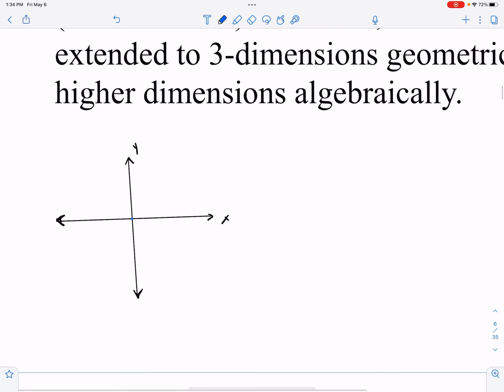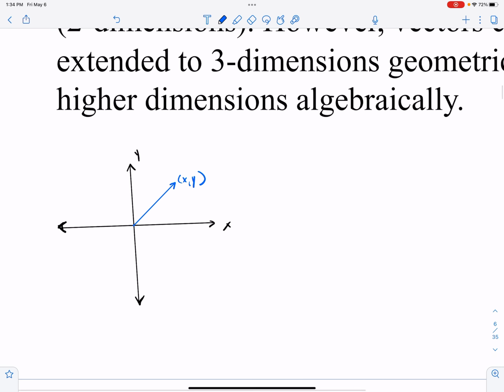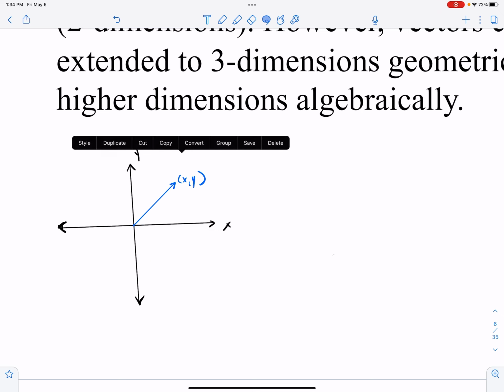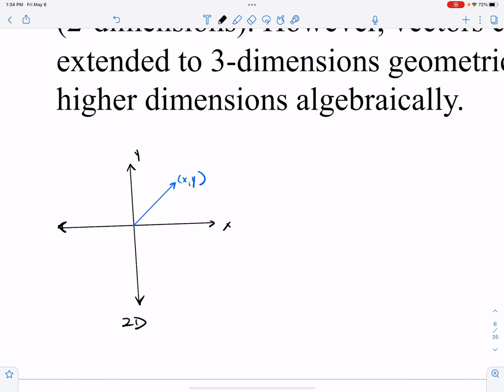Let's say that the initial point is at the origin, and then it terminates at some point x comma y. That would be a vector in 2 dimensions. And we could also think about moving that vector around the two-dimensional plane.